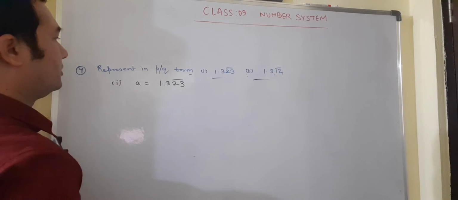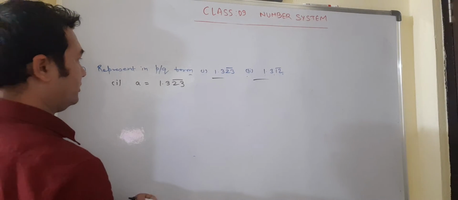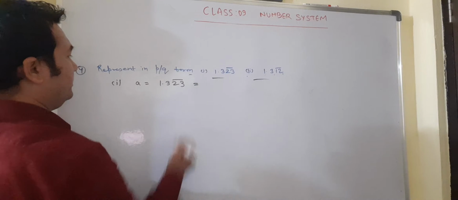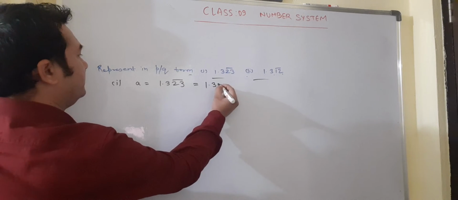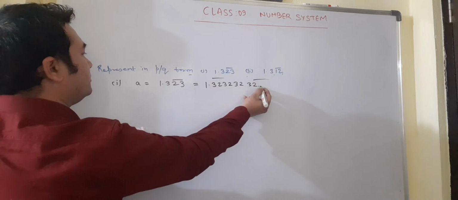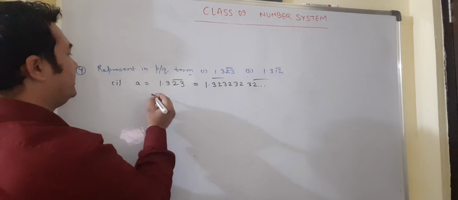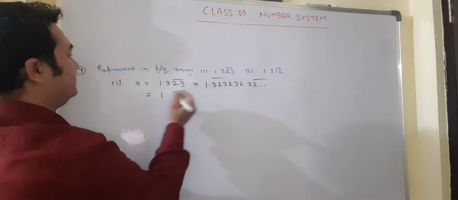Why am I solving this question for you? Because this question is a little different, needs your concept. See, this can be written as 1.323232 and so on. So can't you see it can be written as 1 point, since 32 is repeating.